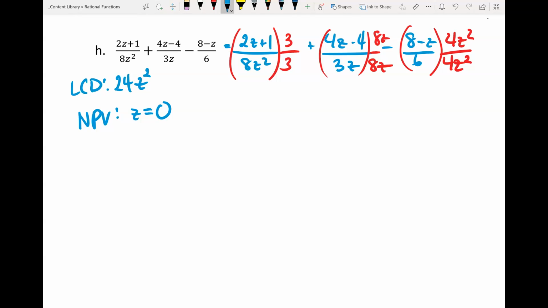Now we're going to simplify. So I'm going to multiply the 3 into the 2z and the 1. So that would be 6z plus 3 over our LCD. Then for our next rational, I'm going to multiply this 8z with the 4z and with the 4, which is 32z squared minus 32z.